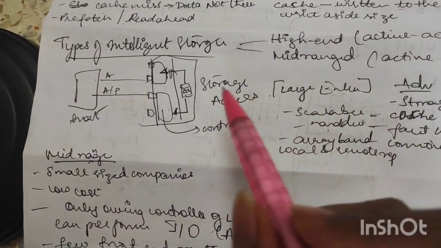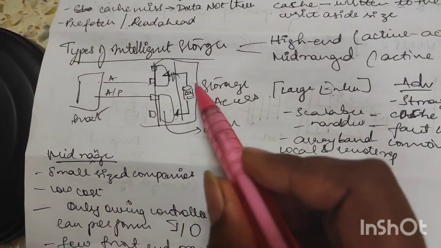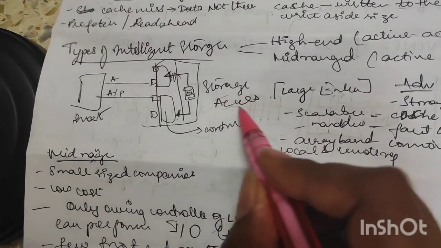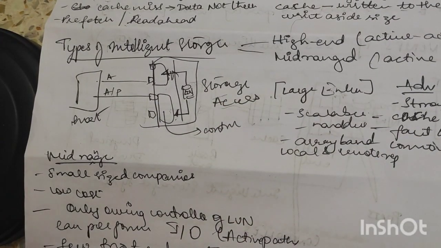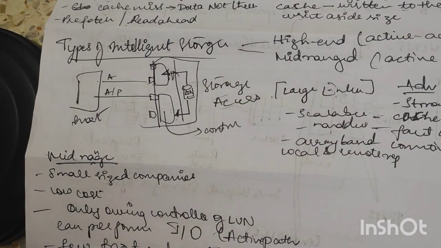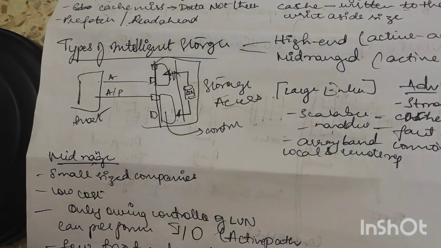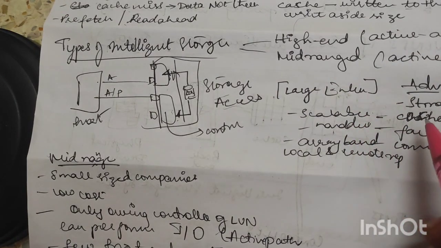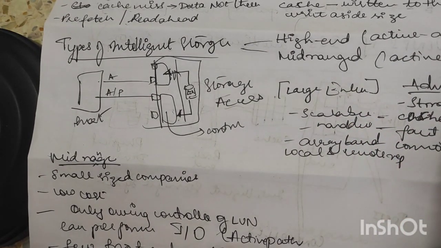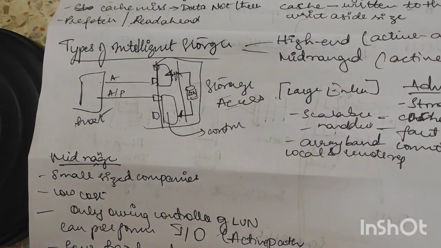So this storage access over here is the LUN, okay. The LUN means the storage access. So in the first one, that is in your high end, active-active, you have a few advantages: it can store large capacities of data.